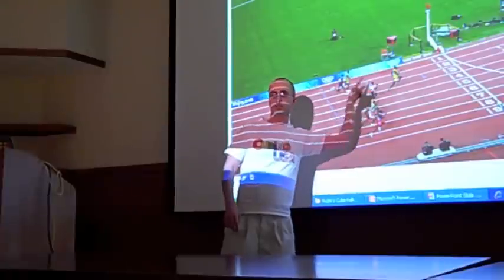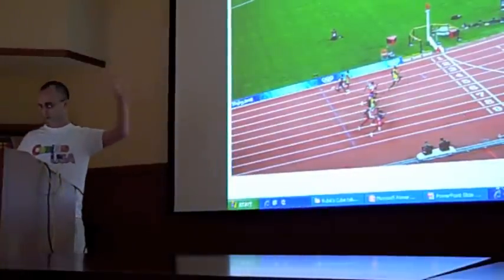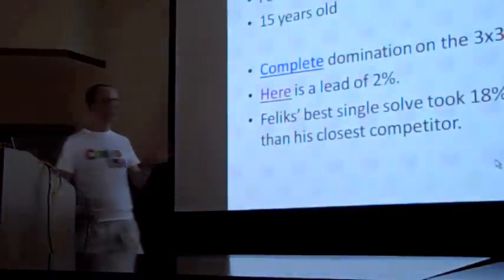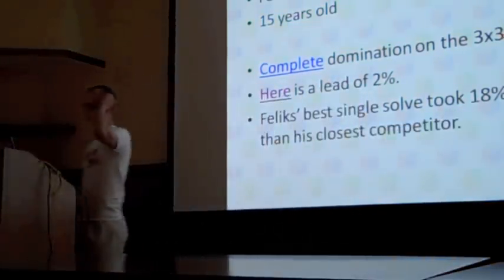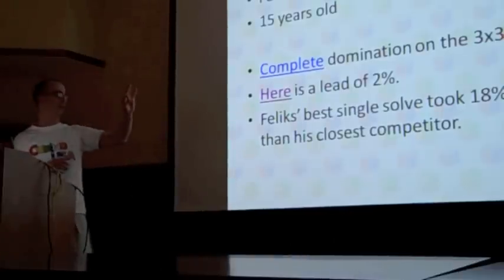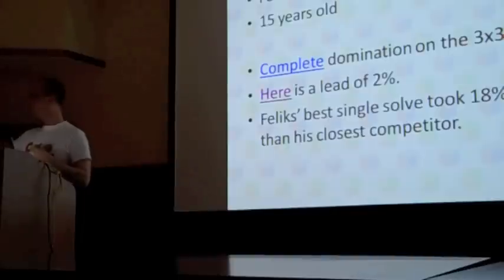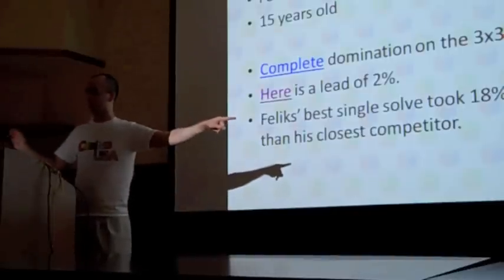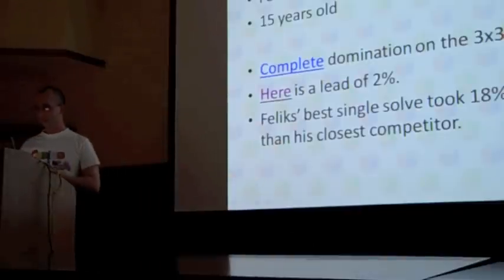He took 2% less time than the second place person, and this was a destruction, right? Not close. So Felix's best single solve is 18% less time than his closest competitor, and I could make it look better because actually the second place time is 24% slower than Felix's. So I'm showing you the least skewed number here.